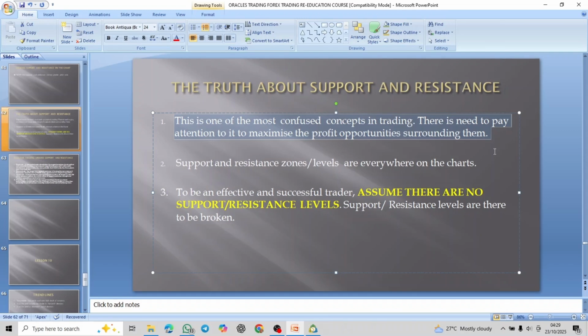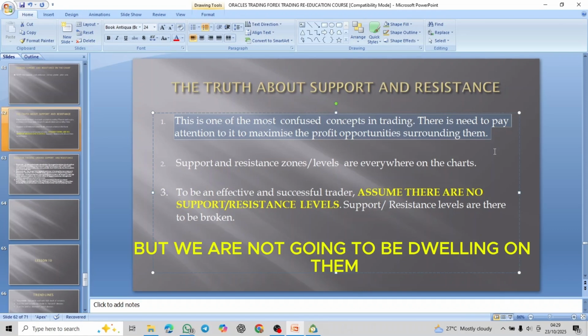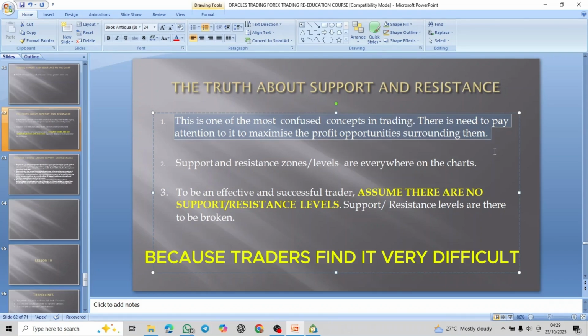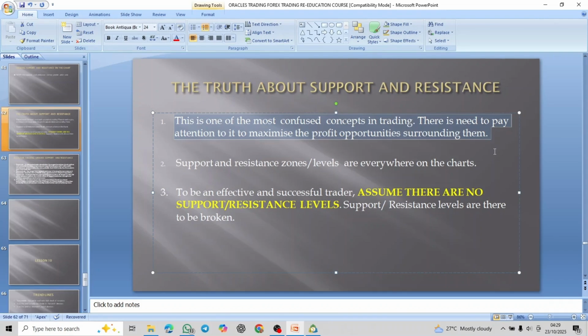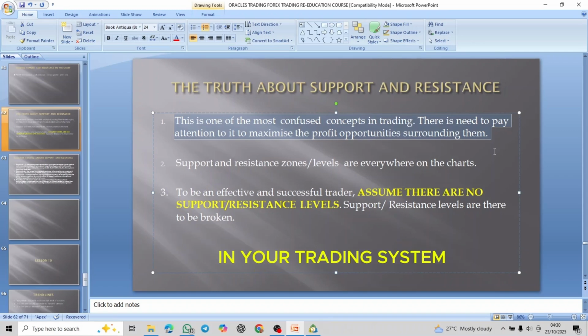We are going to be letting you know some supposed support and resistance in the market, but we are not going to be dwelling on them. It is one of the most confused concepts because traders find it very difficult to trade around them. They are more or less manipulative than supportive in your trading system.